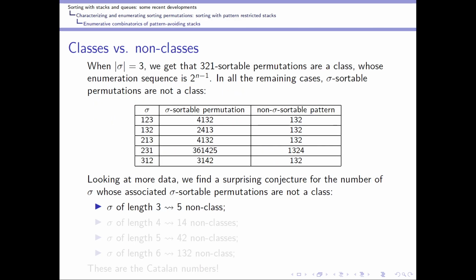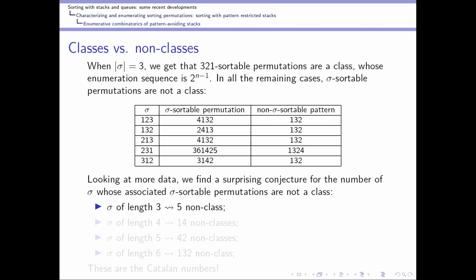Well, if you look at patterns of length 3, we realize quite easily that there is the pattern 3-1-2, for which sortable permutations are a class. However, in the 5 remaining cases, sortable permutations are not a class. In this table, for each of the 5 remaining patterns, you can see one sortable permutation together with a sub-permutation which is not sortable. So, for patterns of length 3, we have 5 cases in which we do not get a class.